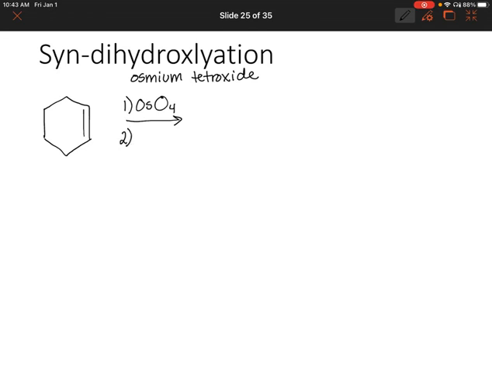But in addition to osmium tetroxide, we would also use sodium sulfite or sodium bisulfite. Either one is fine. So I'll just write sodium bisulfite. And then we have water as well. And again, this is going to give us addition of our alcohol groups on the same side of the ring, so either above or below.